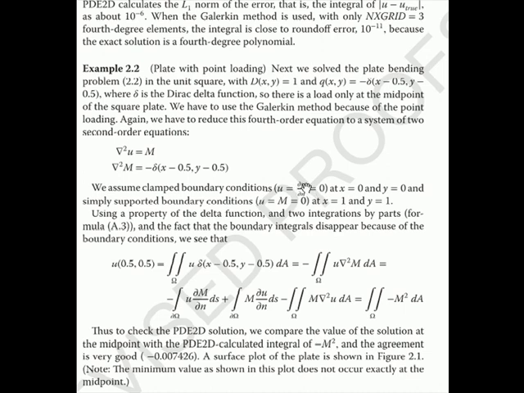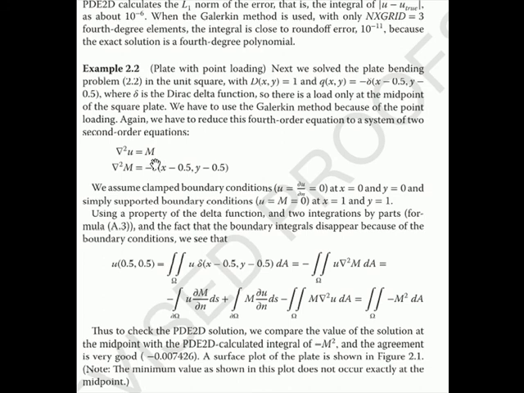So you have clamped boundary conditions on the left and bottom, and simply supported boundary conditions on the top and right, x equals 1, y equals 1. So there u and m, the Laplacian of u, are 0. So u is fixed but not clamped. So there's your boundary conditions, there's your 2 second order differential equations, and we're going to solve it.